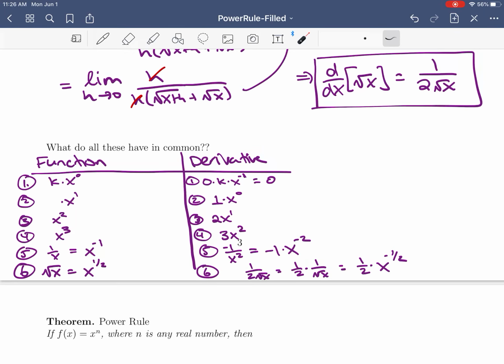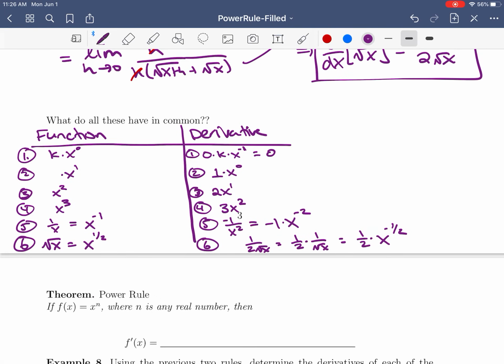Now 1 over x is also a power of x. So the -1 came down, and I got -2 as an exponent. The square root was also a power of x, so it's x to the 1/2. The 1/2 came down, and I got -1/2. So notice that these new powers are always 1 less than what the power was. This is the idea behind the power rule, and I'm hoping this is enough to convince you.